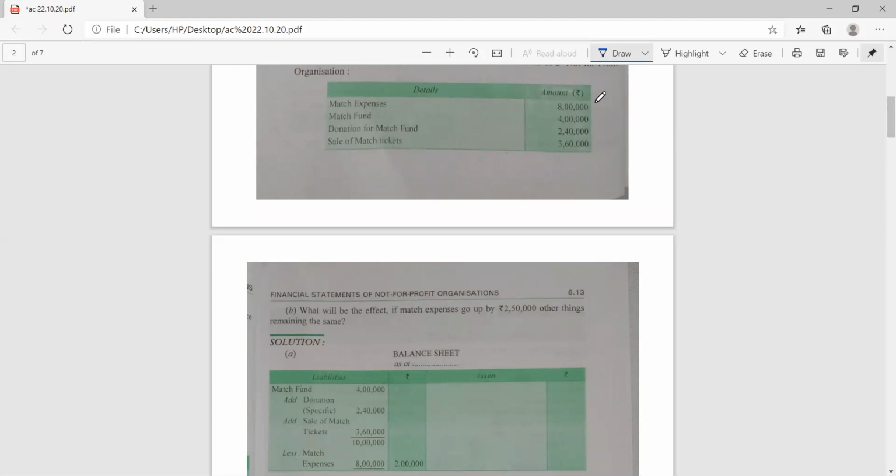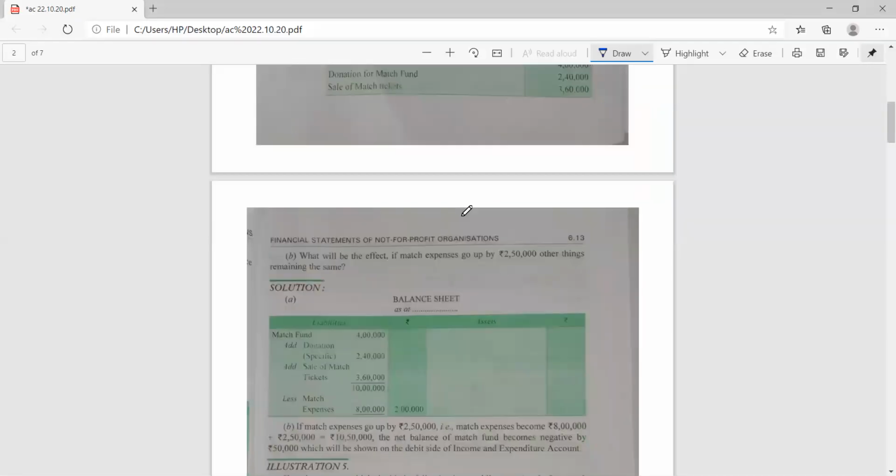Mark in your books, the expenses are 8 lakh plus 2 lakh 50,000. 2,50,000 is to be added over here.